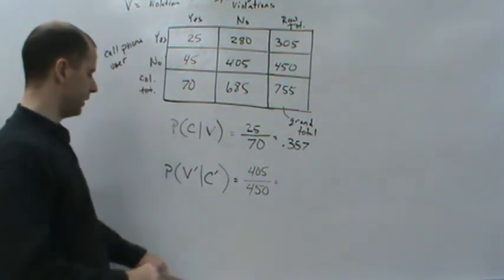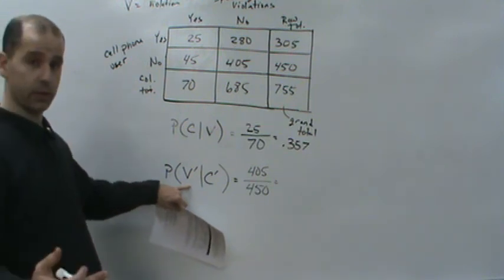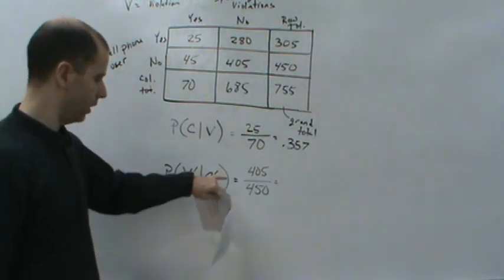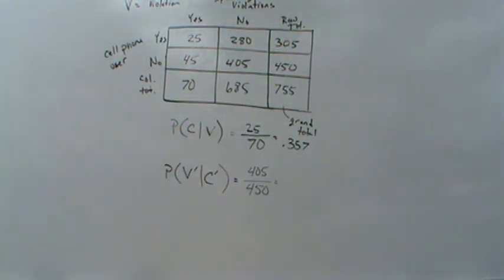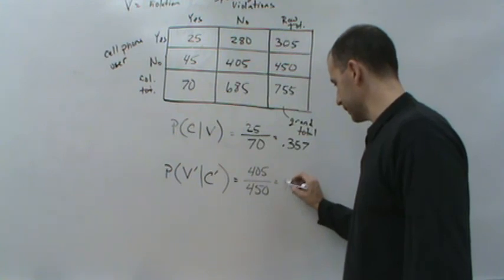So what's the probability that a randomly selected person is not going to have a moving violation or a speeding violation in the past year, given that they are not a cell phone user? 405 over 450. So it'll be 0.9. Exactly.